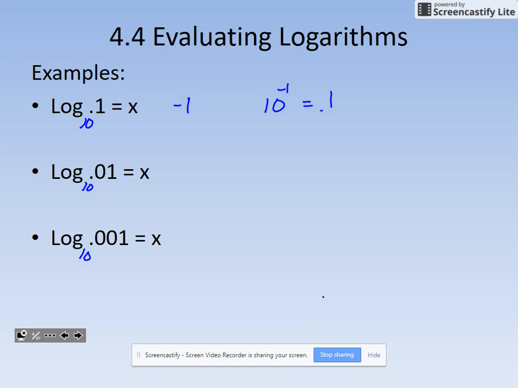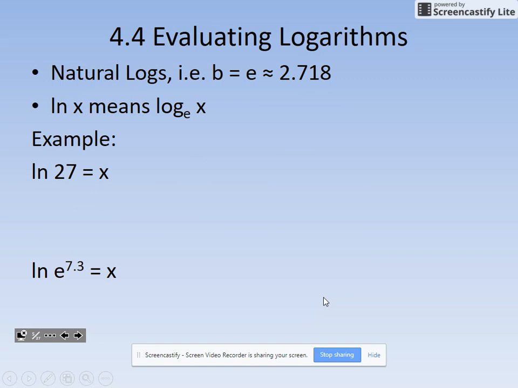If you do log of 0.01, you get -2. Log of 0.001, you get -3. So that means 10 raised to the -2 is 0.01, and 10 raised to the power of -3 is 0.001. So the log button finds the exponent that goes on a 10 to give you a certain number.